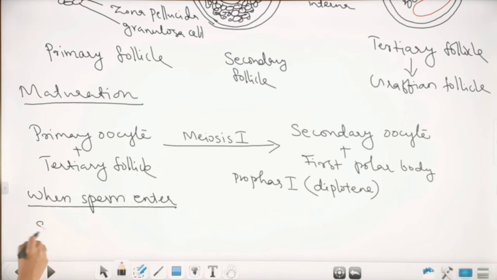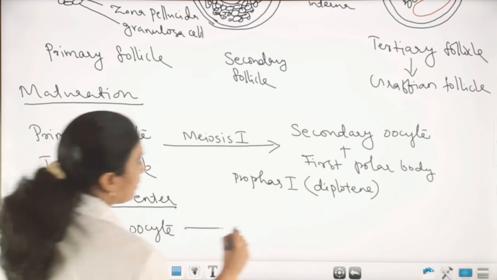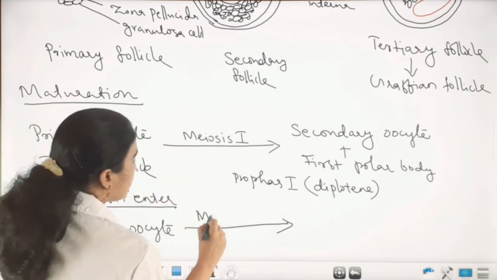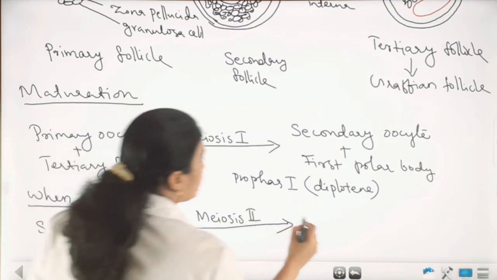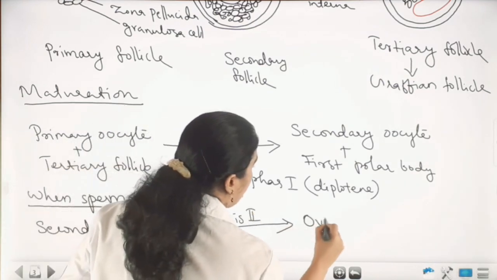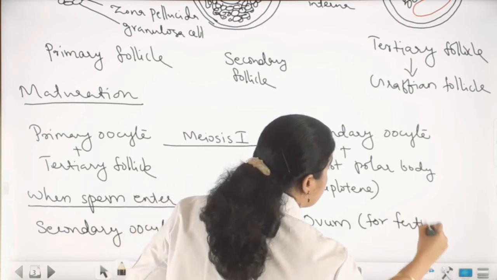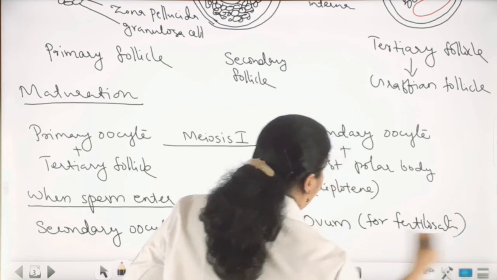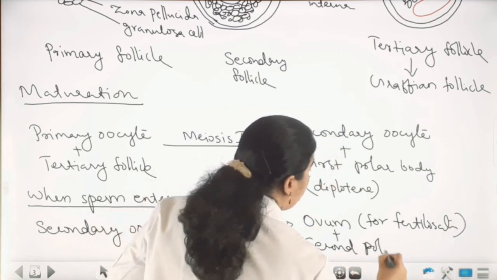So we can write the secondary oocyte undergoes meiosis 2 to form ovum for fertilization and second polar body.